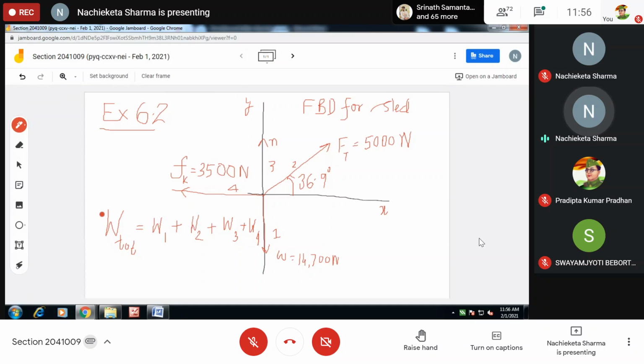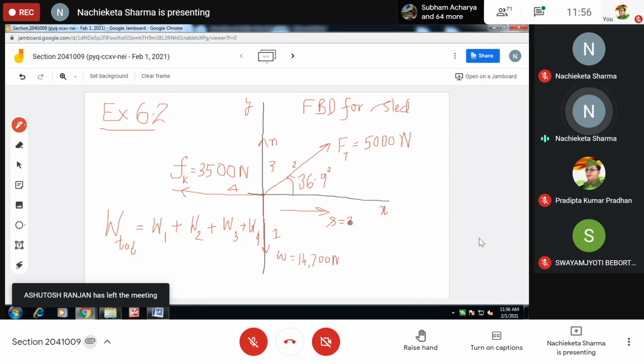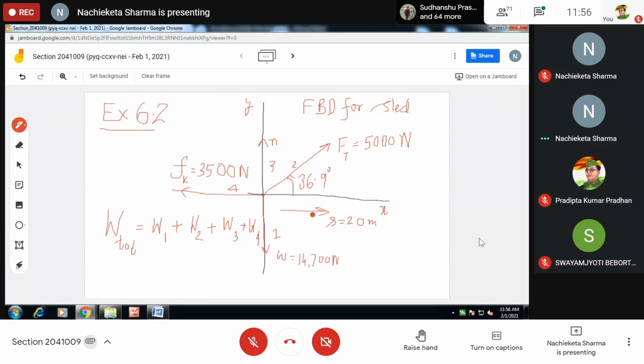Now tell me, what is the work done by W1? The displacement is in this direction. S is equal to 20 meter. What is the angle between W and S? 90 degrees.